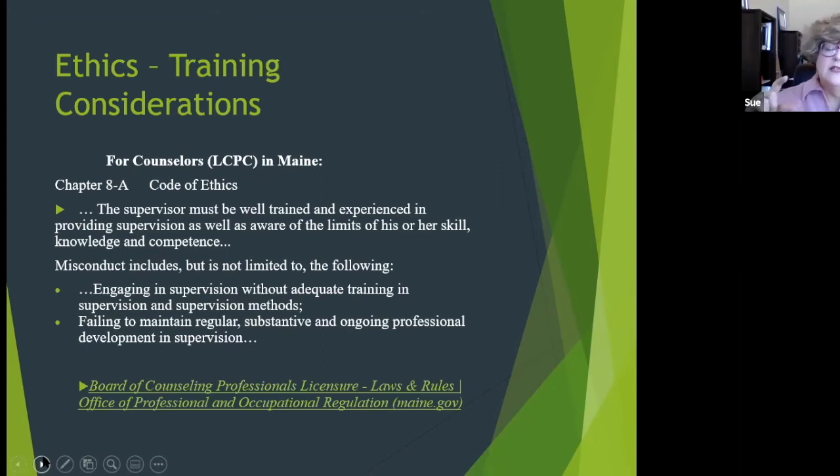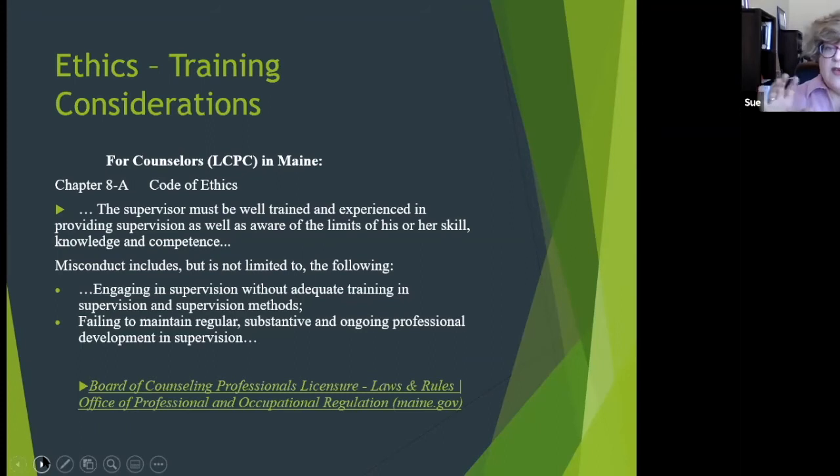There is a provision that says that supervisors must be well-trained and experienced in providing supervision. And misconduct, and this is where they start getting detailed, includes engaging in supervision without adequate training, and failure to maintain regular, substantive, and ongoing professional development.